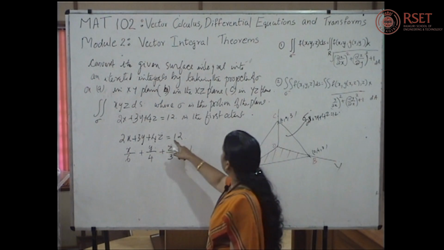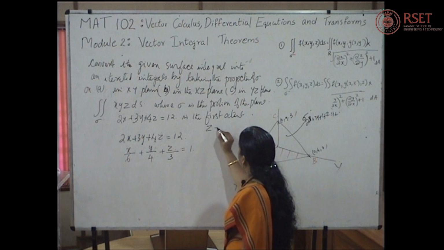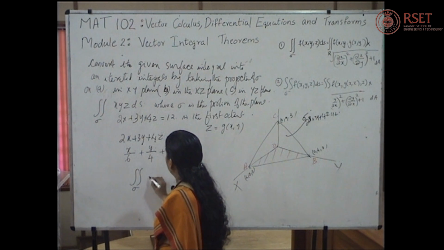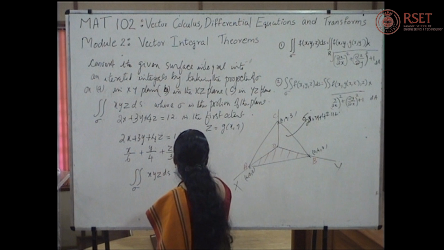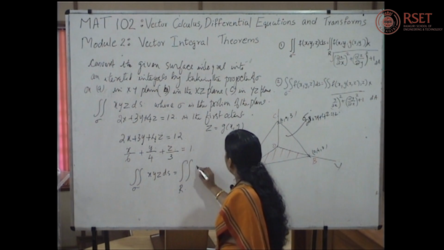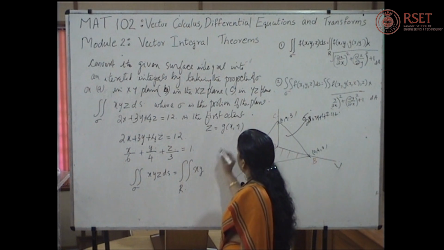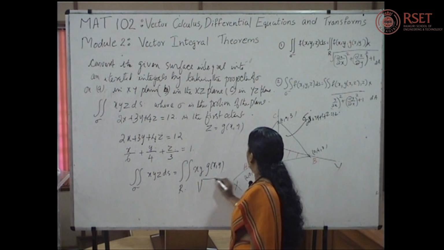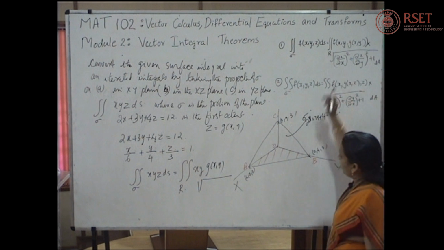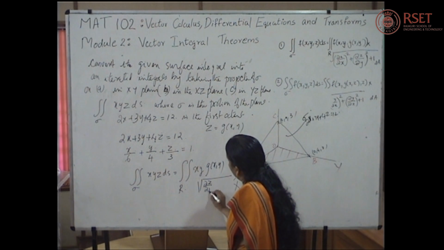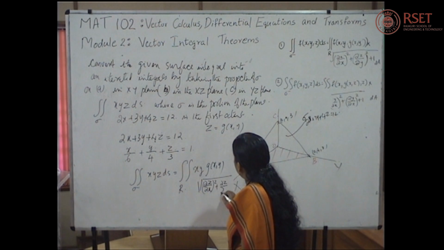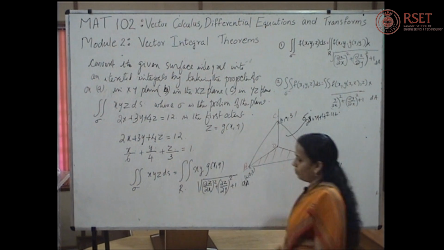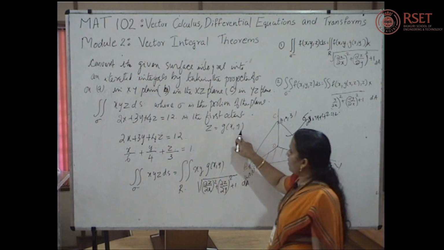Before that, the given surface should be expressed as z as a function of x and y. Then the double integral over sigma xyz dS will be the double integral over R of xyz into the square root of, if z is given as a function of x and y, dou z by dou x whole square plus dou z by dou y whole square plus 1, dA.